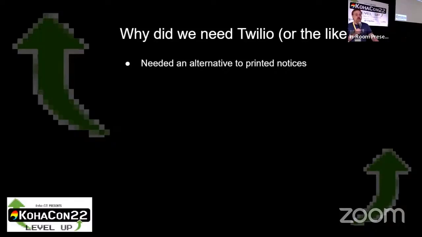It would be nice if we just dumped it, but it left a portion of our patrons without notifications, and that was something that we didn't want to do. So we needed an alternative. Moving over to, well, we already had text.